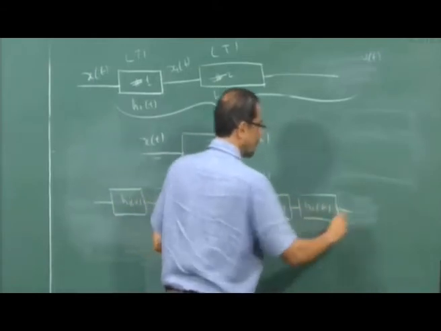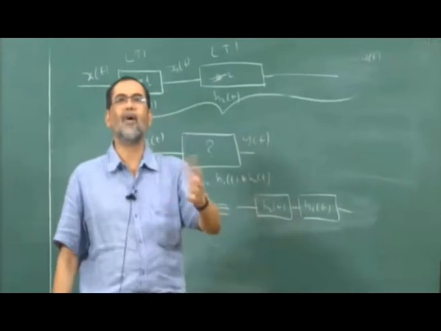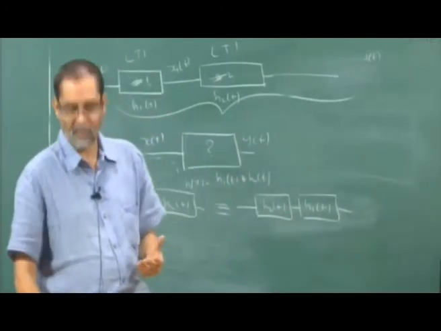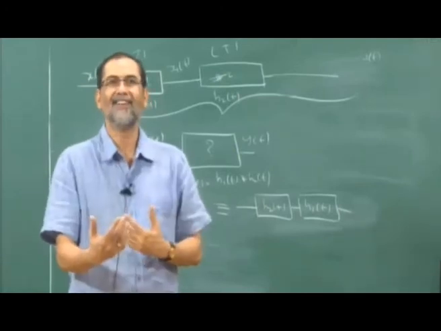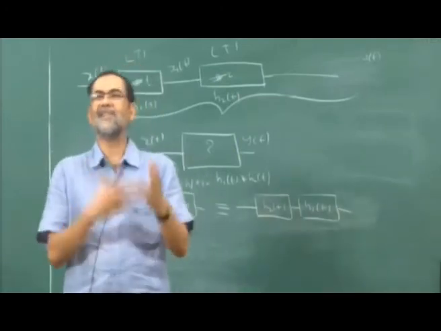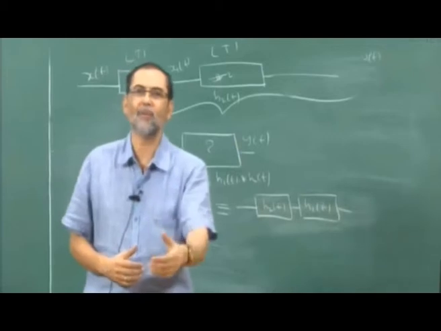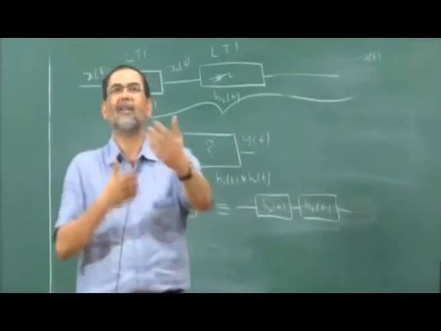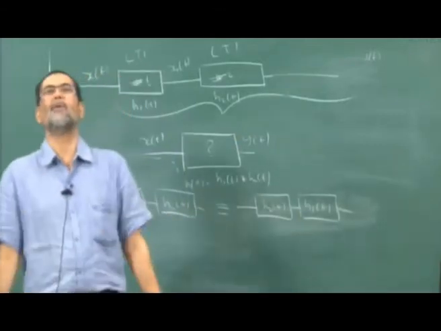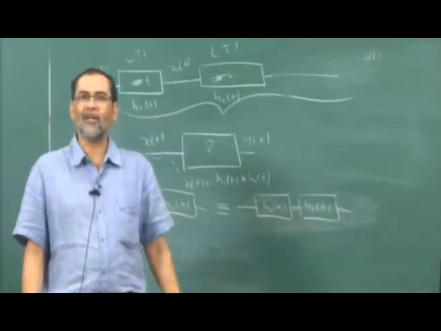The order can be interchanged. So for LTI systems with a tandem connection, the nice thing is it doesn't matter whether you perform one LTI operation first and the other next. You get the same output.